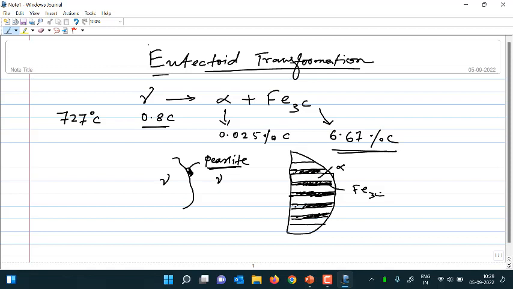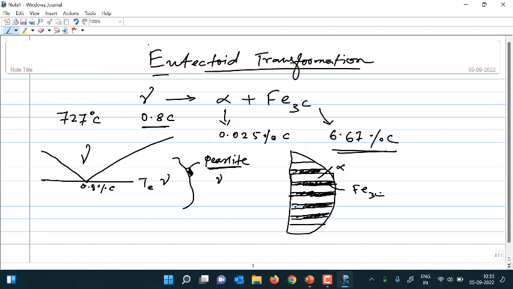Okay. So this is why this develops in this lamellar fashion. For the formation of the alpha phase, carbon is rejected because carbon content is much lower than 0.8%, and for the formation of cementite, you have to provide more carbon because it is more than 0.8% carbon. Okay. So that is why it is alternating.